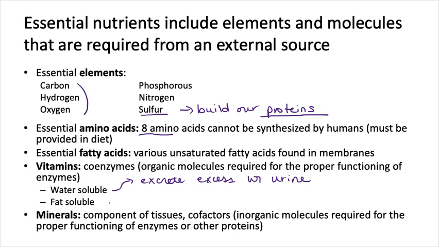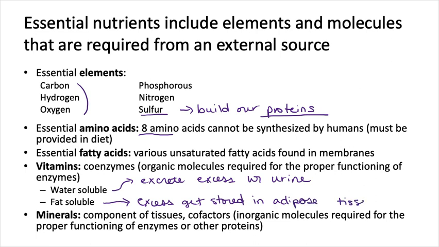But our fat-soluble vitamins, an example would be vitamin E. These are not soluble in water. They're going to be hydrophobic, so they would have a lot of nonpolar covalent bonds. Our fat-soluble vitamins stay with us. They aren't excreted in our urine, so excess amounts can be very dangerous because they get stored in our adipose tissue, and if they reach a high enough concentration, they can become toxic.